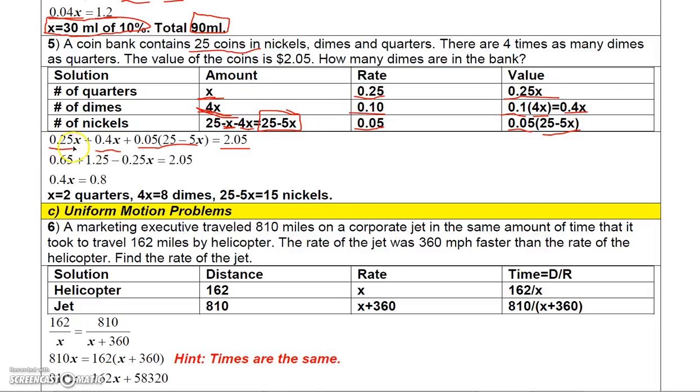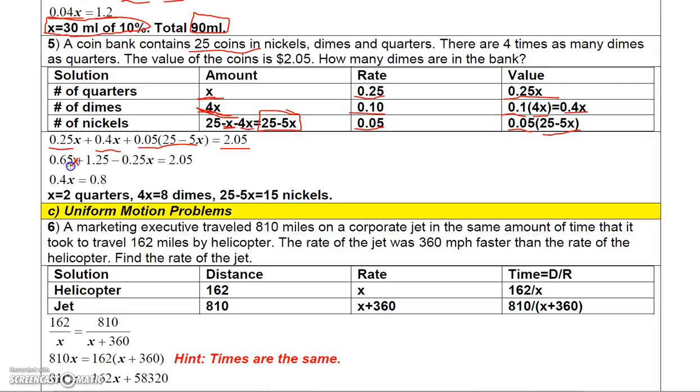Now, if I did this in pennies, this would be 25, this would be 4, and then this would be 40, and this would be 5, but I'm doing it in dollars. Okay, so now 0.25x plus 0.4x is 0.65x.